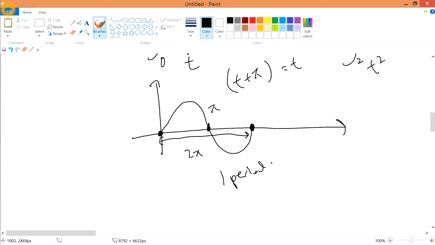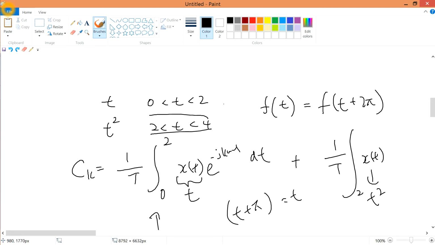Because this is some sinusoidal wave, I'm just talking about one period. Yeah, good question. If f(t) is equal to this and f(t plus 2 pi), I think it's just stating that this is one period. Just take note that 2 pi is one period, that's it.